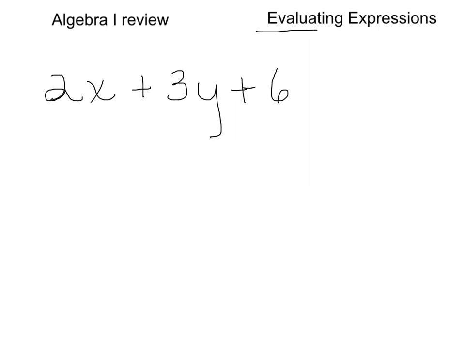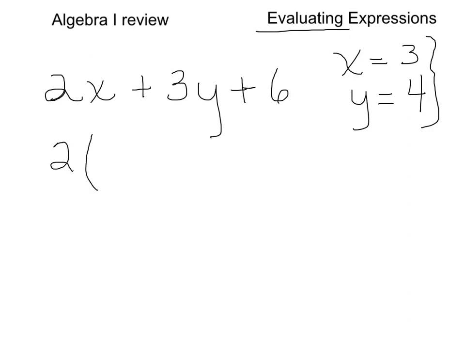So evaluating refers to the process of finding out the value of this expression when you are given the values for the variables. So this is a place where you would substitute these given values for the variables into the expression and then simplify your answer.